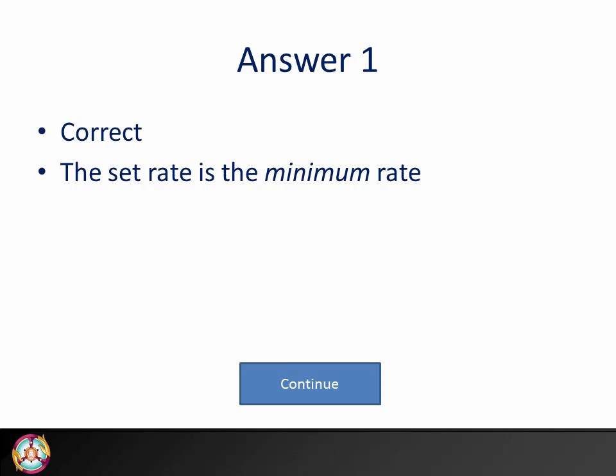Correct. If the patient does not initiate breaths sufficiently frequently to ensure that the minimum ventilator rate is reached, the ventilator will initiate enough breaths to make up the difference. If the patient's spontaneous breathing rate is greater than the minimum set rate, the ventilator will not initiate any breaths.